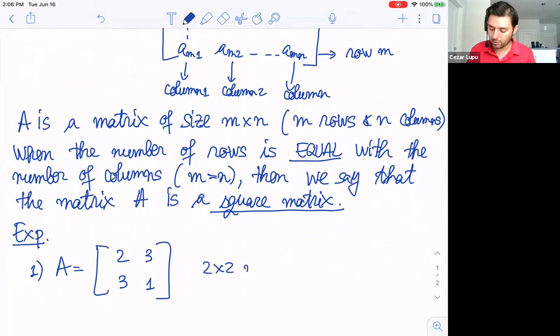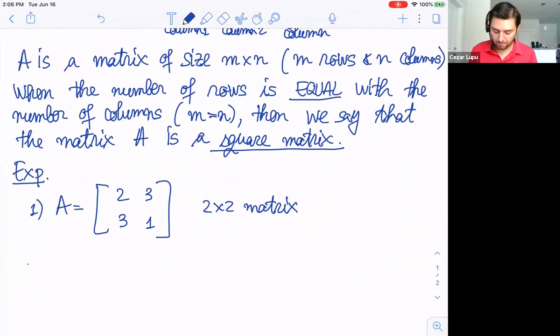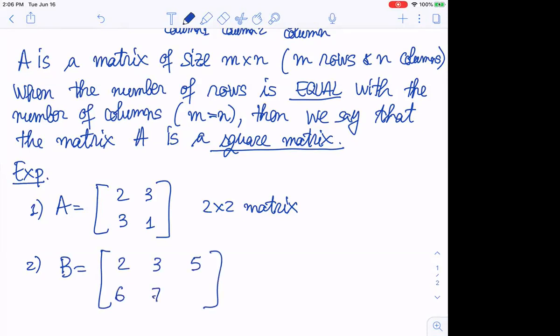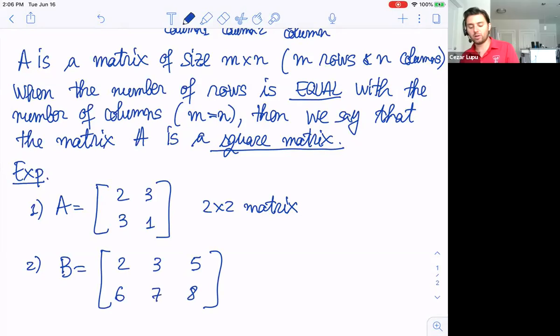It's a square matrix. Another example is a matrix B of the following: 2, 3, 5, 6, 7, 8. This will be a 2 by 3 matrix. So this is not a square matrix.